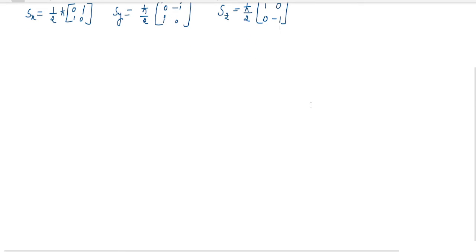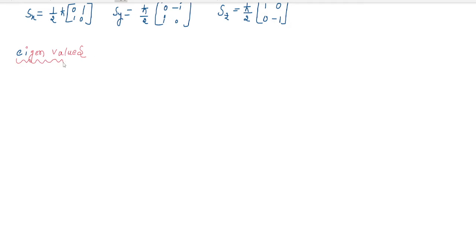First I am going to find eigenvalues. Eigenvalues of Sx.